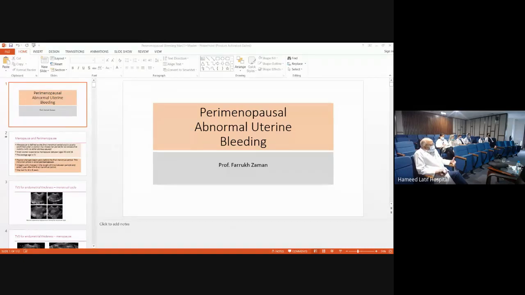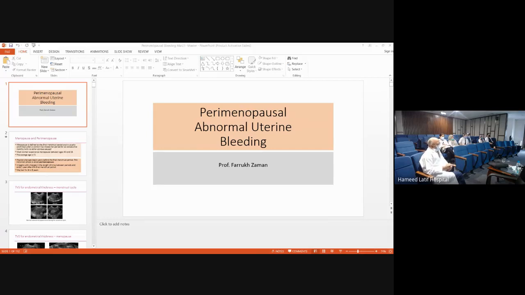Now, the changes which ultimately lead to complete cessation of periods span quite a few years. When the waning function of the ovaries starts, it may take 4 to 8 years before the final exhaustion of the ovary takes place, resulting in complete cessation of periods.